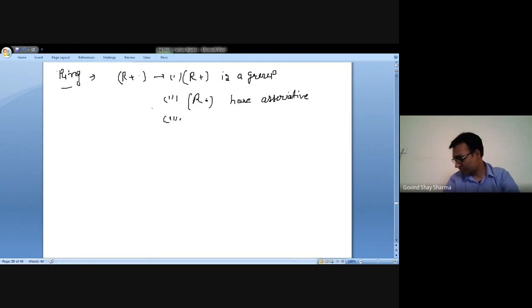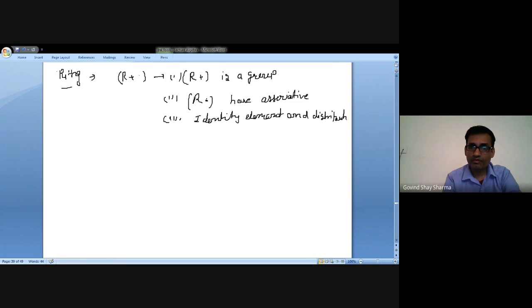And third, inverse element, identity element, and distributive property, or distributive law. Okay, these are the conditions.